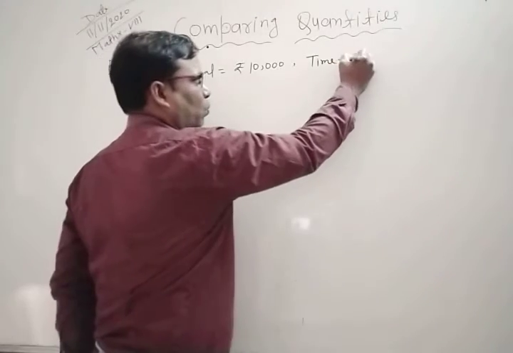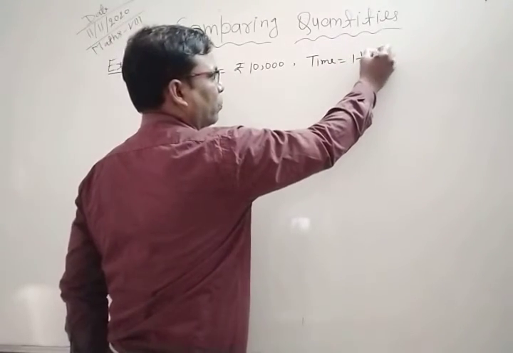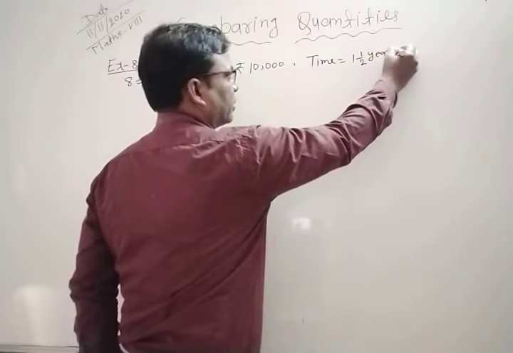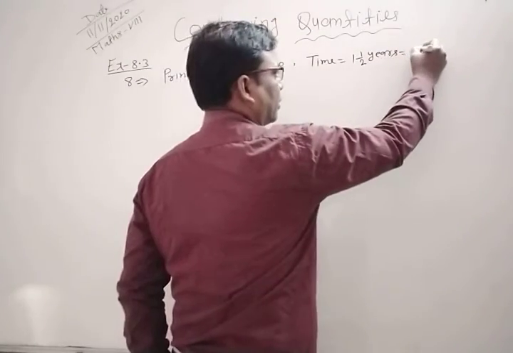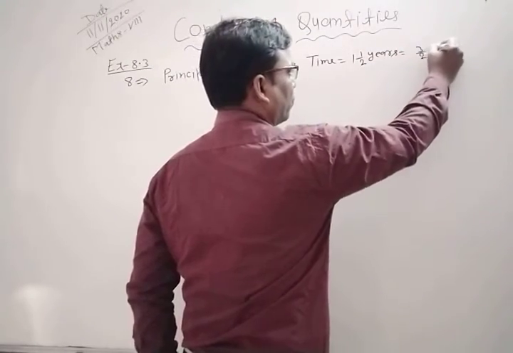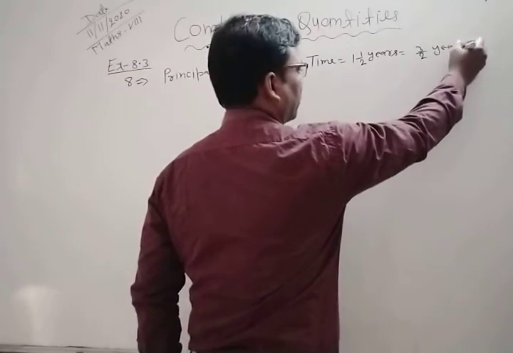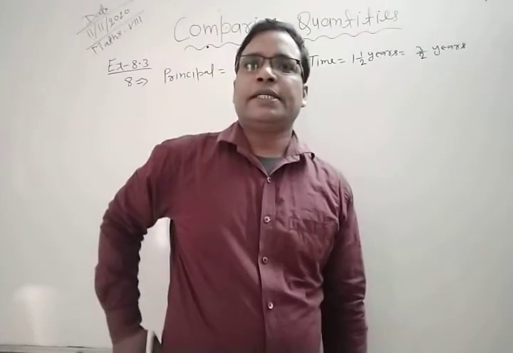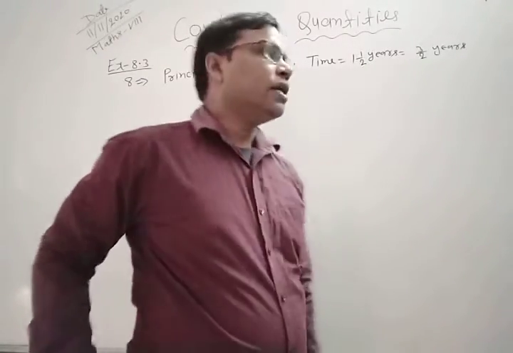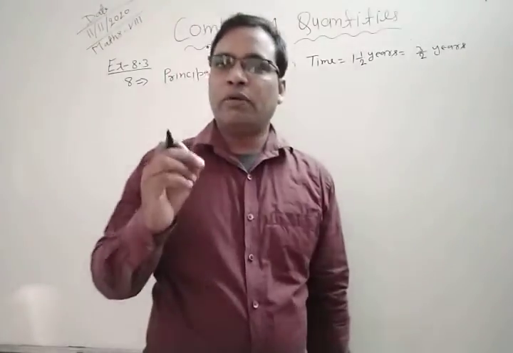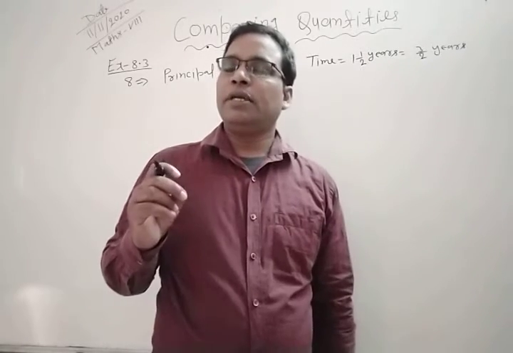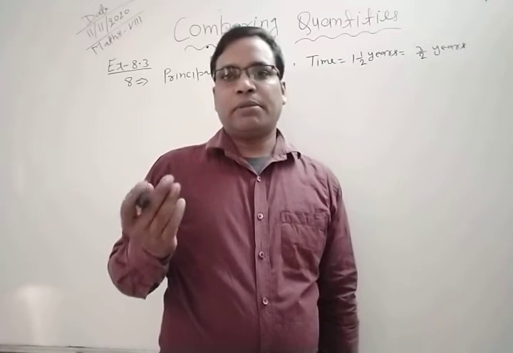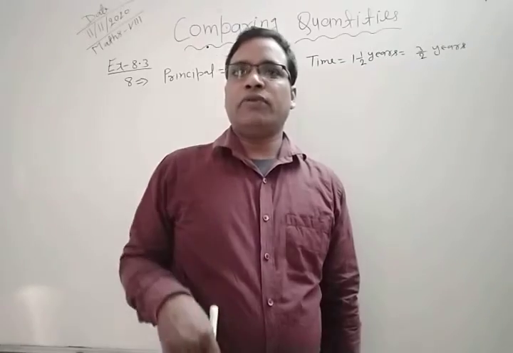this is given as 1 and 1/2 years. This is equal to 3/2 years. Okay, but here interest is compounded half yearly. So you know very well, when compounded half yearly, then time is multiplied by 2 and the rate is divided by 2.